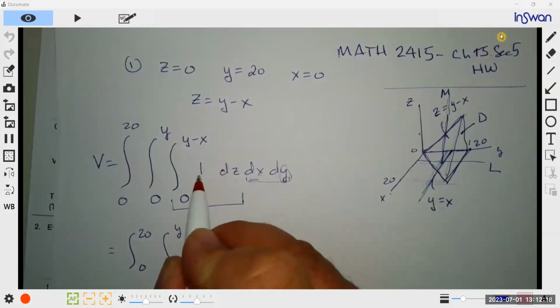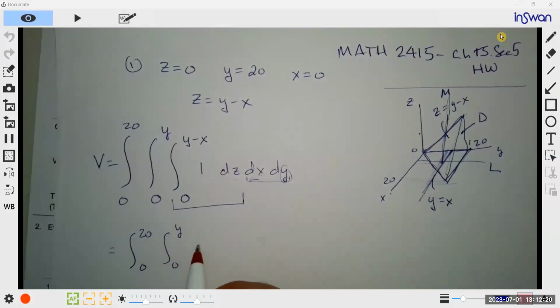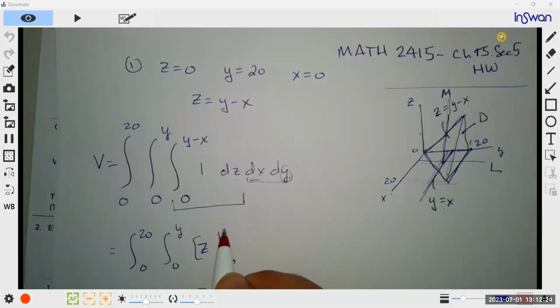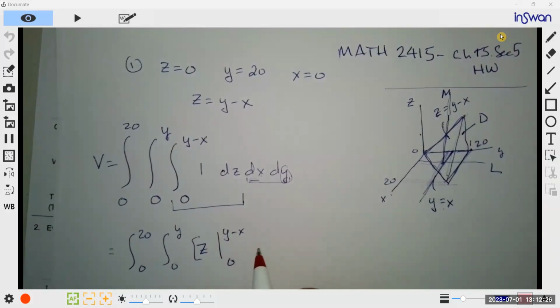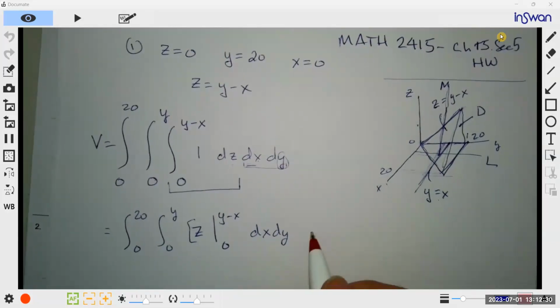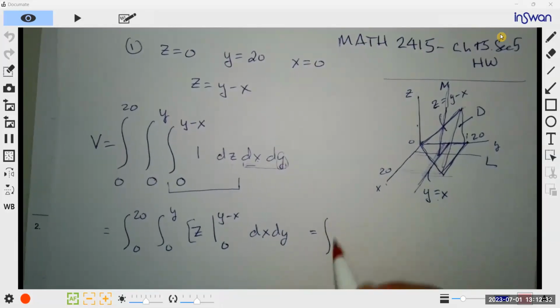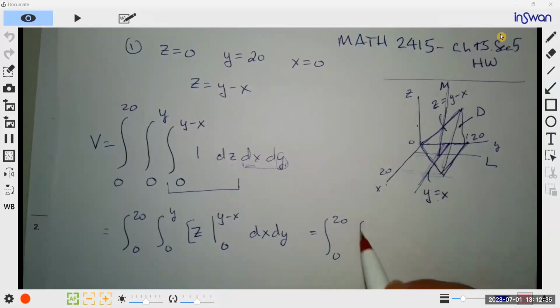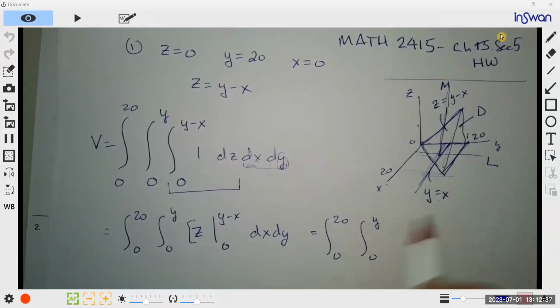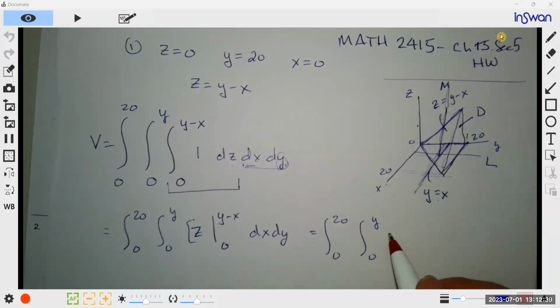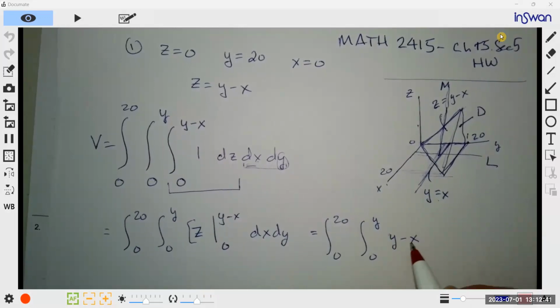The integral of 1 with respect to z is z, from 0 to y minus x. So it's going to be y minus x minus 0.